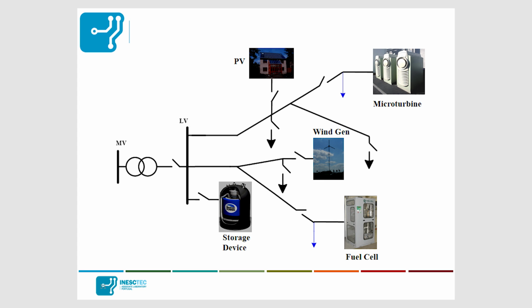Then it is possible to start some units that have local black start capabilities, like the microturbines or even the fuel cells. Then the storage device also. And afterwards, we can start feeding local loads with these microturbines and fuel cells, creating local islands.